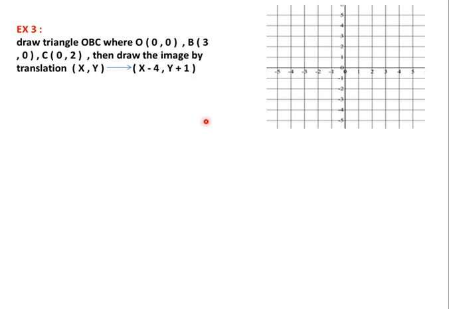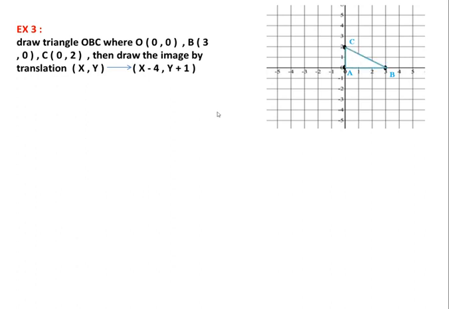At first, the origin triangle points must be located: A (0, 0), B (3, 0), then C (0, 2). Now join the 3 points, then we get the triangle ABC.